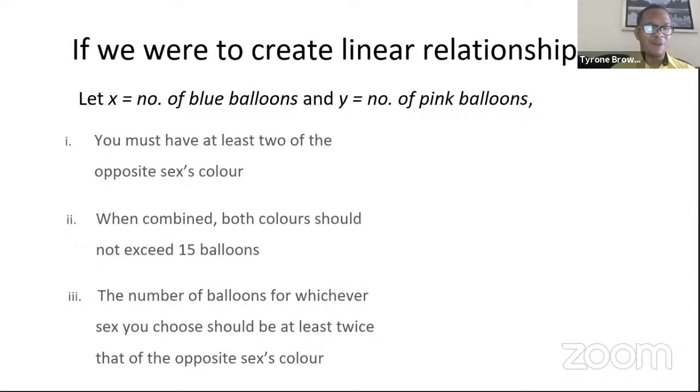So we have our conditions, and they're in a little bit of a different order than we're used to, but we'll go through them individually. So for the first one, you must have at least 2 of the opposite sex's color. And we're using Y to represent the number of pink balloons for girls, and X for the number of blue balloons for boys.